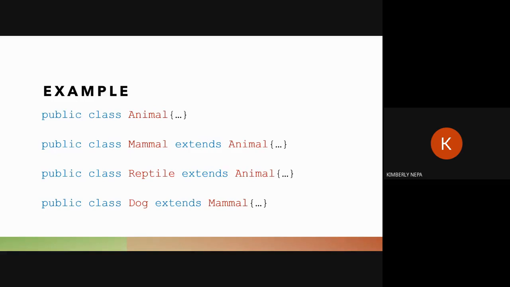Kyla, who is the parent of the dog? Kyla? Ah, animal, ma'am. Hmm? Ah, animal. Sorry muna.